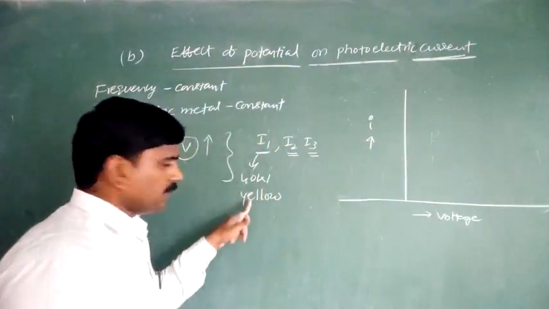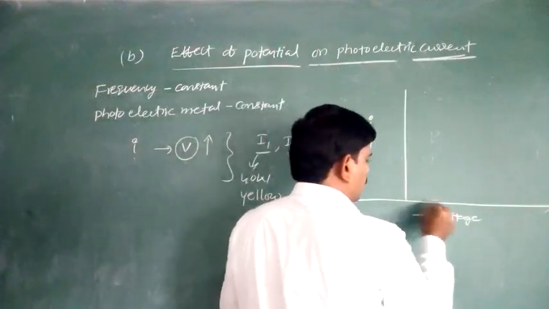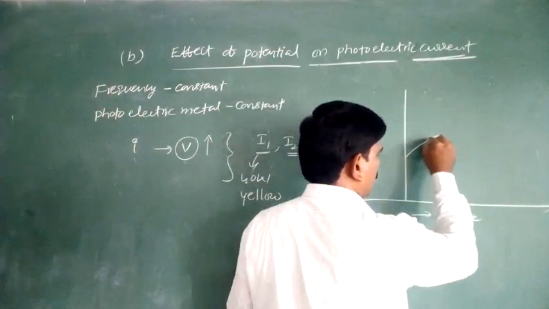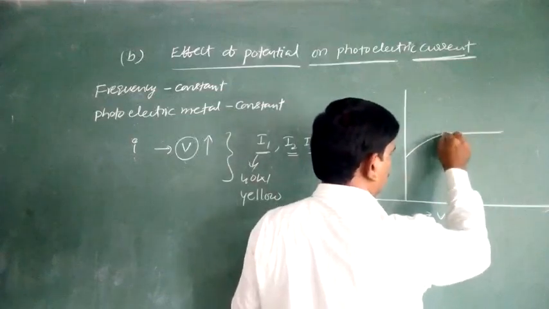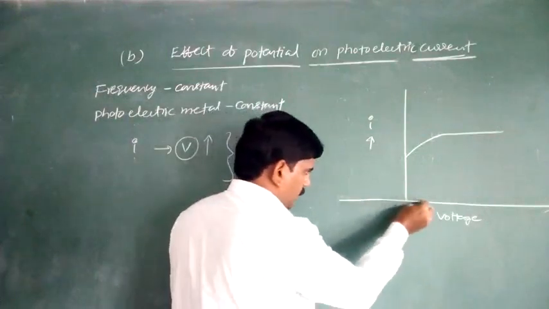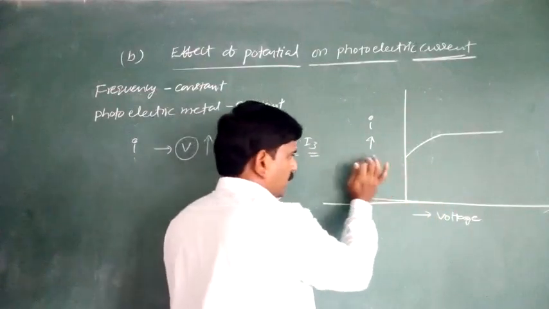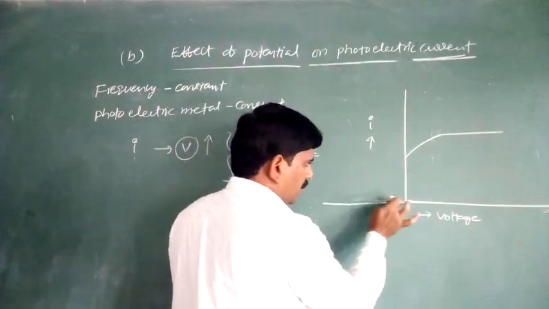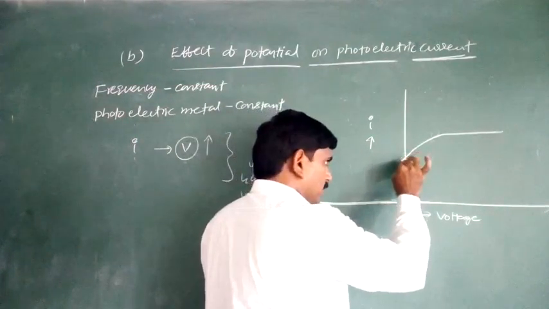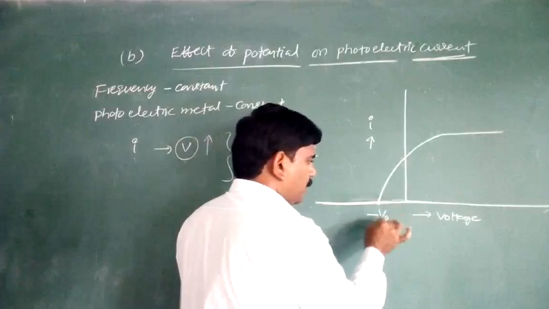For the I1 intensity of the radiation, when the positive voltage increases, the photoelectric current also increases. After a particular voltage, the current value becomes constant, that is the saturated current. When the negative voltage of the collector with respect to the emitter increases, the current value gradually decreases, and at a particular negative voltage the current value becomes zero.